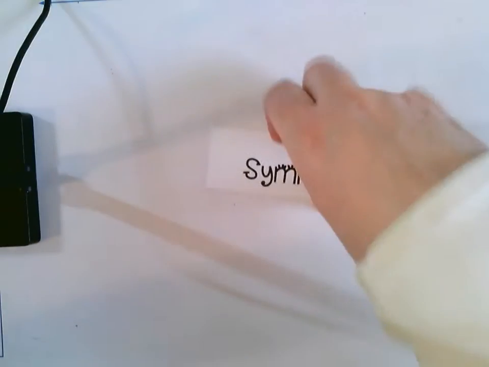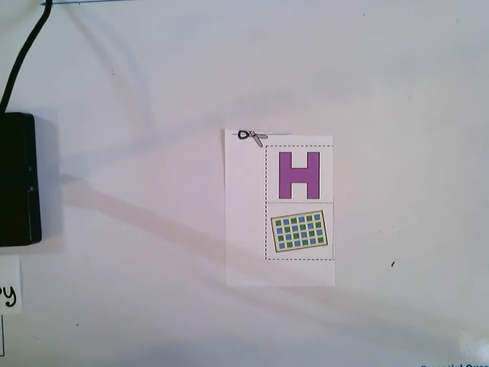Okay, so let's take a look at some other shapes. Here we go. Let's take a look at the letter H. Looking at the letter H, it has more than one line of symmetry, and I'll show you how.